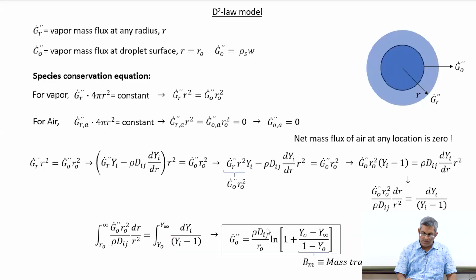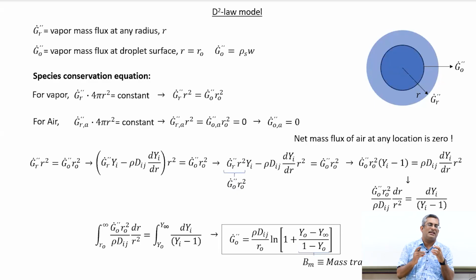This parameter, the diffusion coefficient, is basically the binary diffusion coefficient, which means that here we are referring to diffusion of one gas into another. In this example, it is the vapor of the droplet diffusing into air. So, this is known as the binary diffusion coefficient. In a strict sense, the vapor is diffusing into a mixture of gases, and the diffusion coefficient for each gas is actually different.